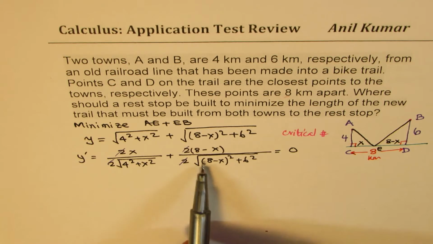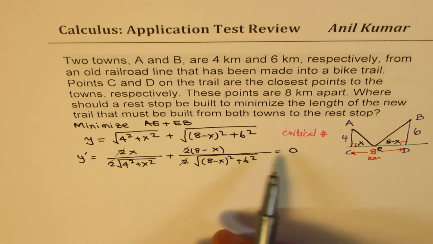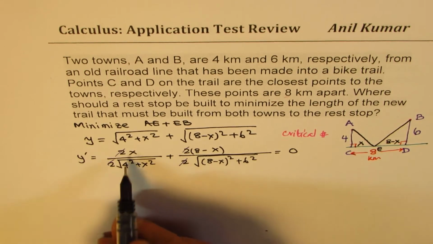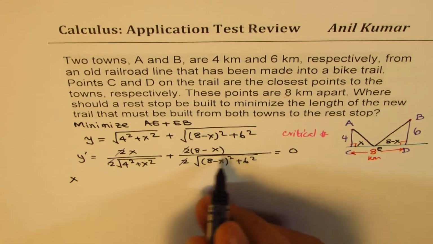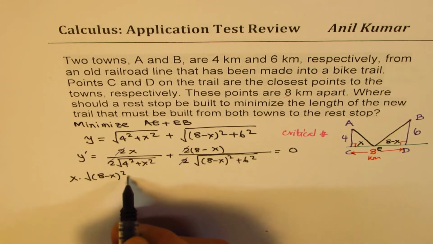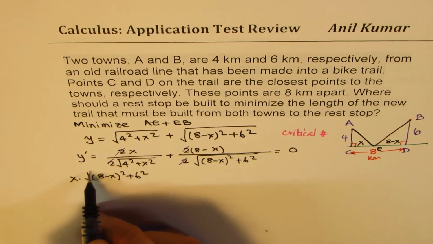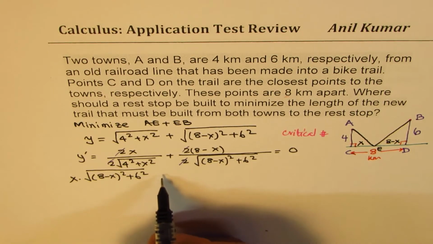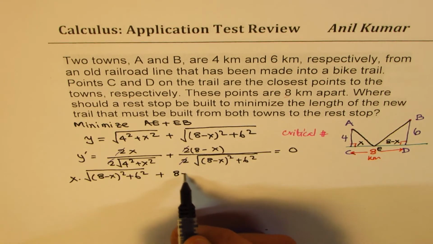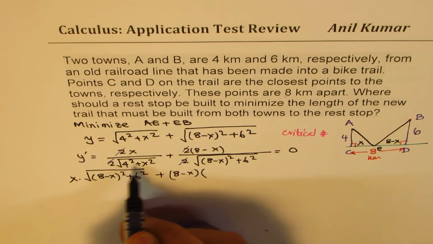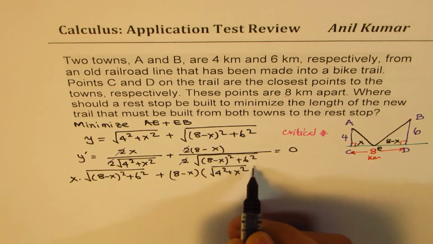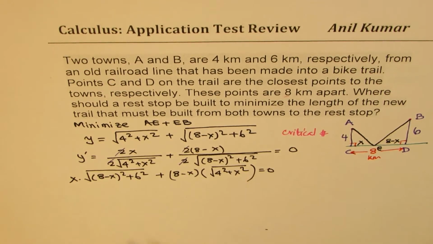Basically, we can take the common denominator, multiply, and solve for x. That's what we can do now. So we basically cross multiply, so we get x times the square root of (8 minus x) whole squared plus 6 squared, I could have written 36, plus that term, which is (8 minus x) times the square root of 4 squared plus x squared, equals 0.